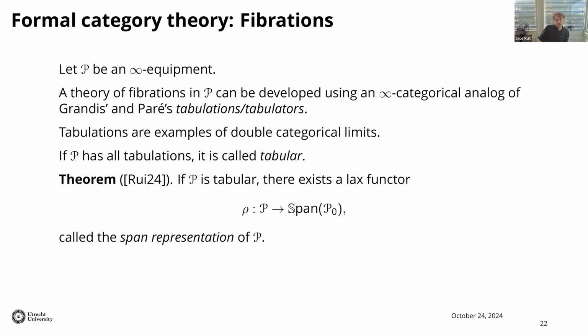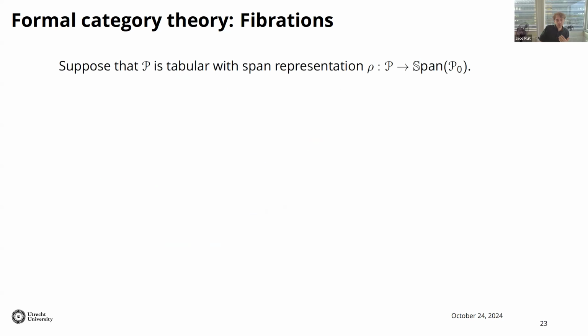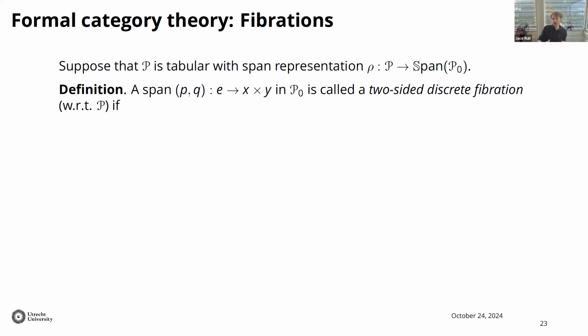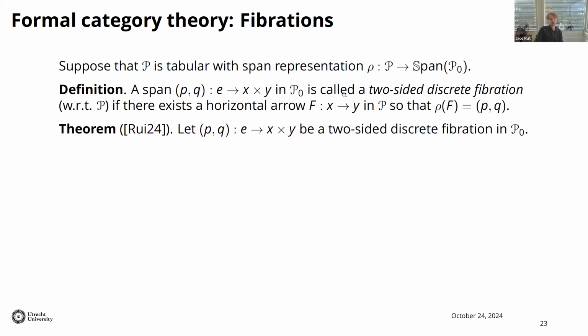This is something that you can prove, and then whenever you're in the situation that you have a tabular equipment with a span representation, you can define what a two-sided discrete fibration is. So you now look at spans in the vertical category of P, and you call it a two-sided discrete fibration if and only if there exists a horizontal arrow f from x to y in P, so that rho of f is given by this span.